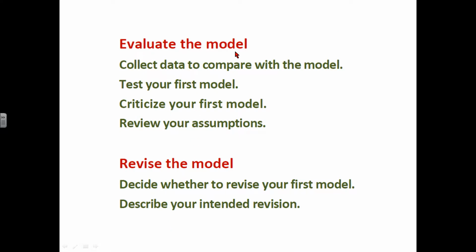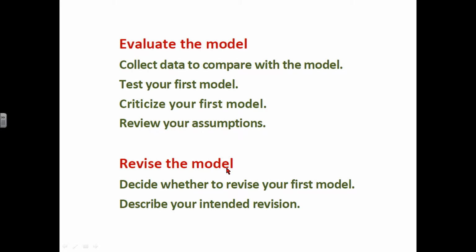The last 2 section headings that might require splitting up into subsection headings are evaluate the model. So that one will have collecting data to test the model, testing your model there, making criticisms of it, and then you start to review assumptions.